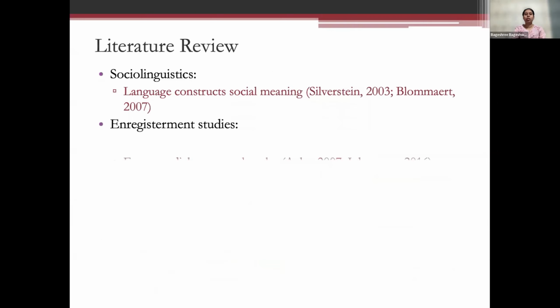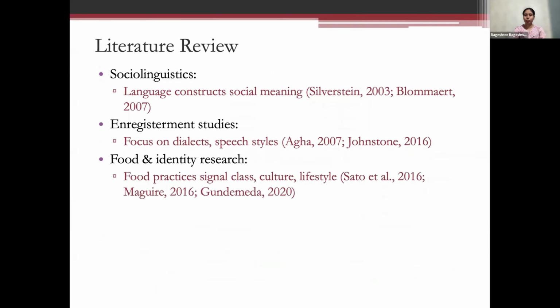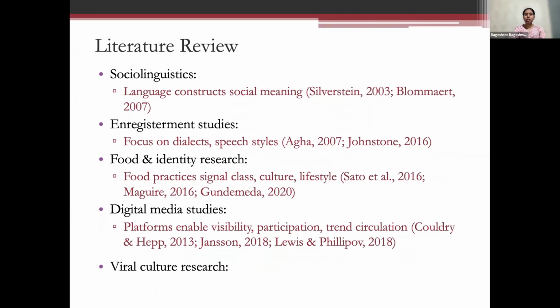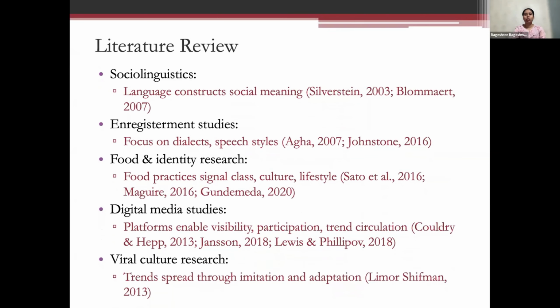For this, I have reviewed a lot of studies in different fields related to the topic. The first is sociolinguistics. Here the studies show how language constructs social meaning, especially with the help of indexicality and enregisterment. Under enregisterment studies, I saw a particular focus on dialects and speech styles.